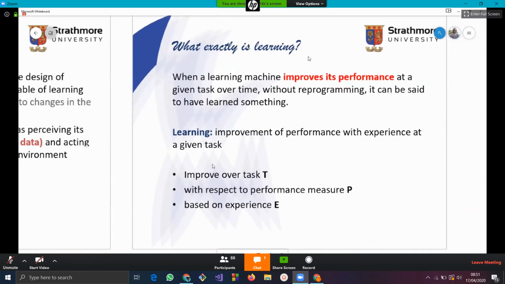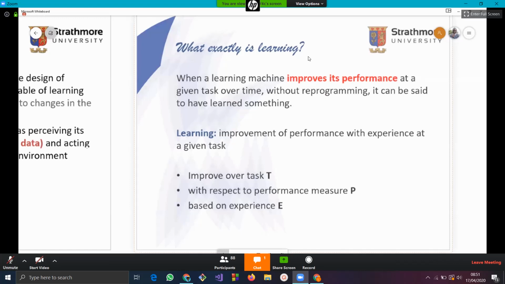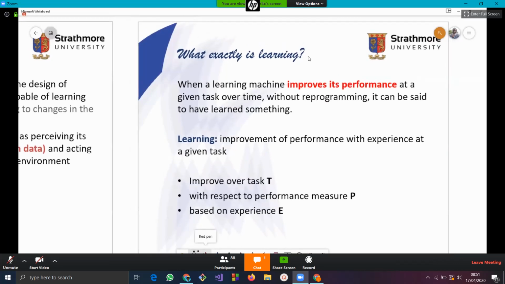So what exactly is learning? It is this aspect of improving. The machine is able to improve its performance over time, of course, as it consumes more and more data. So learning is by improvement of performance.